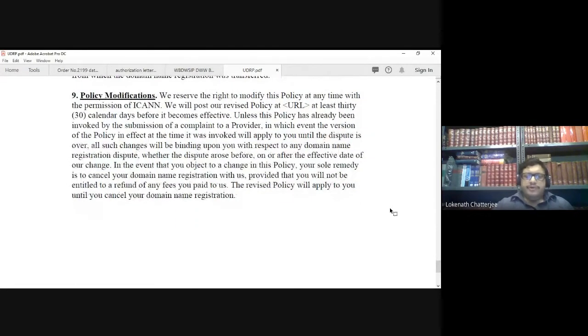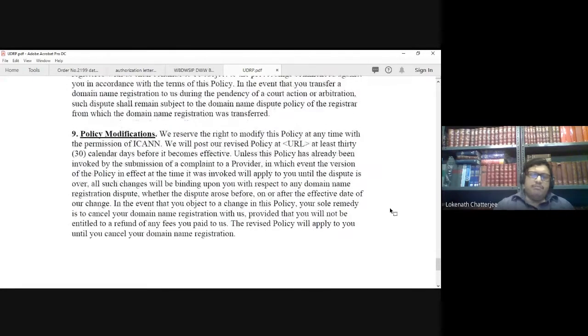The policy again can be modified and all with ICANN. Then we'll have to keep track. Now that we've glanced through it, I would not want to spend so much time going through the exact details and would not want to go line by line, although that would have been the best one. But nevertheless, you could see and read on this from the screen.